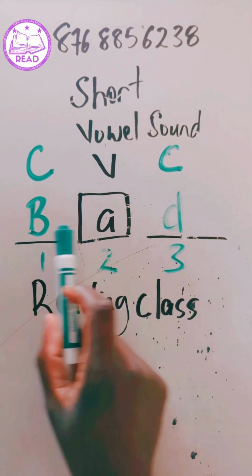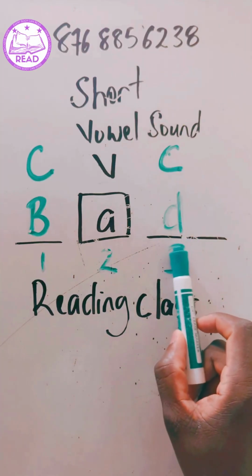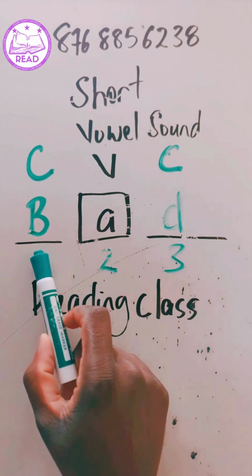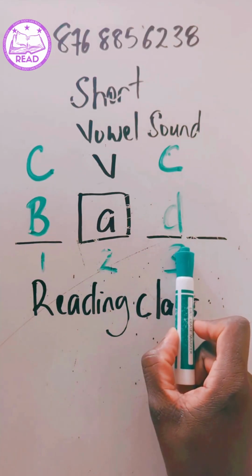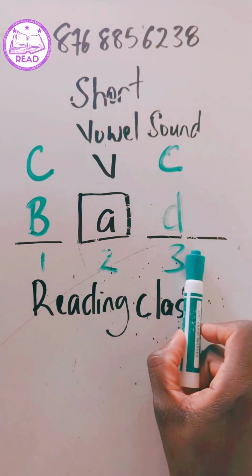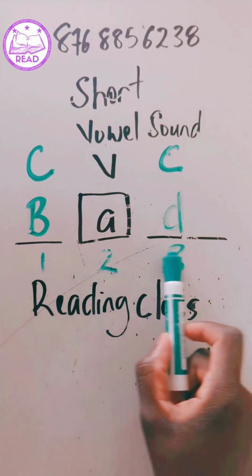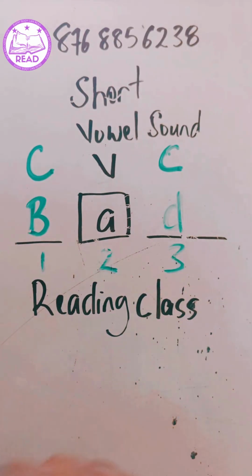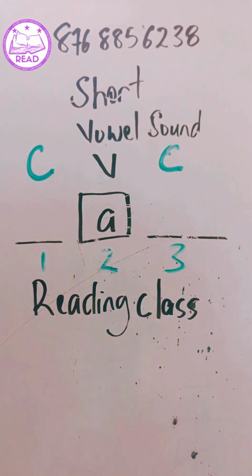Now, we get off this part. Now we need to add this sound. What sound does this make? D. Ba, D. Bad. The word is bad. We remove this and remove that. Now we need two more consonants.